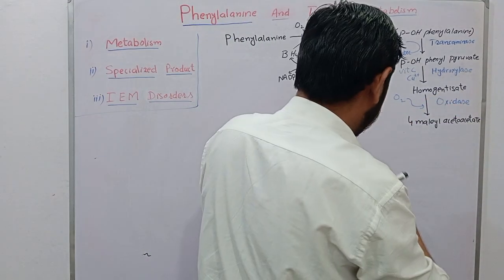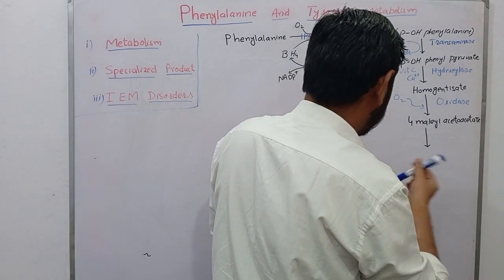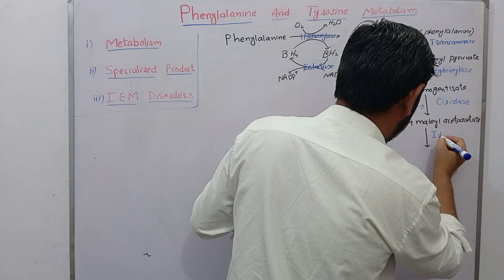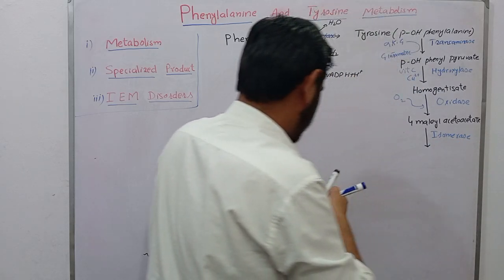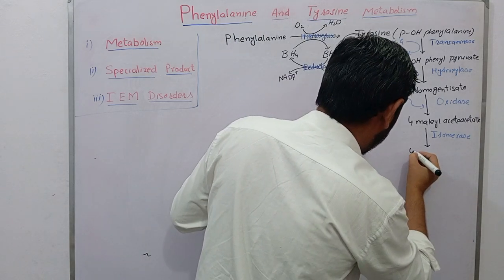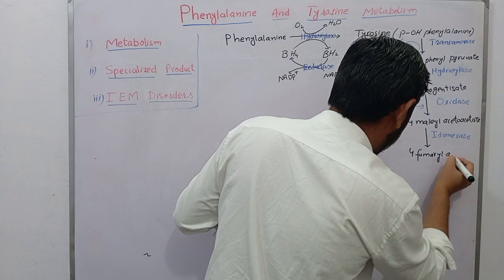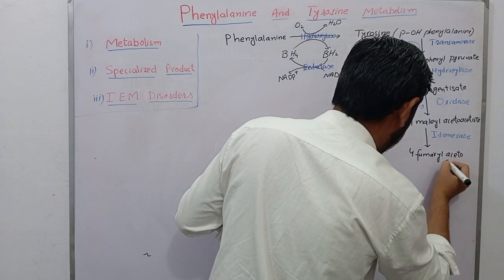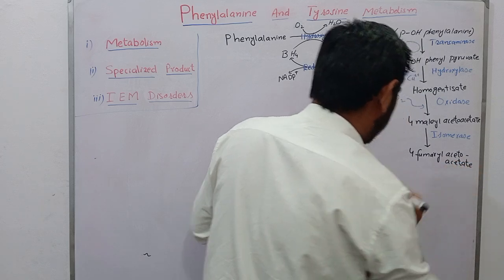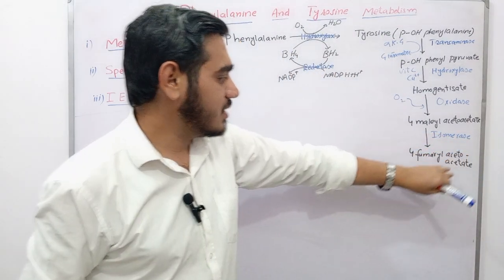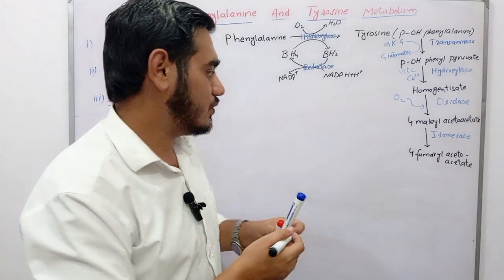In the next reaction, by the action of isomerase enzyme, there is a formation of 4-fumarylacetoacetate. Okay.